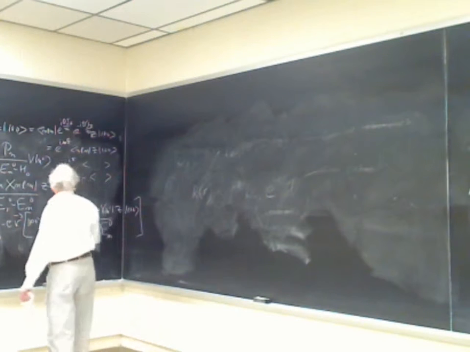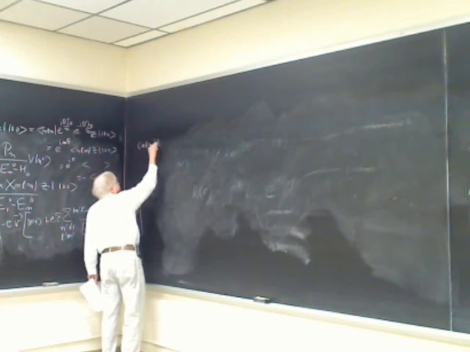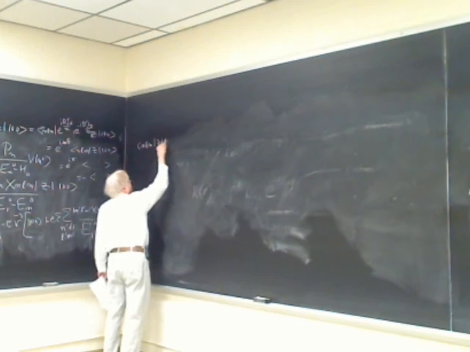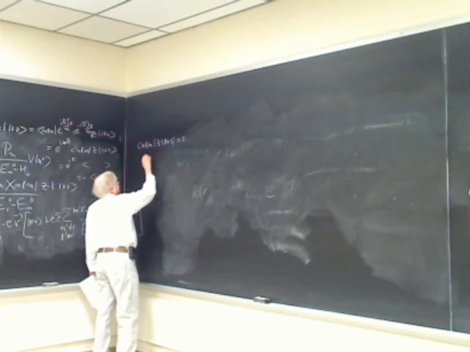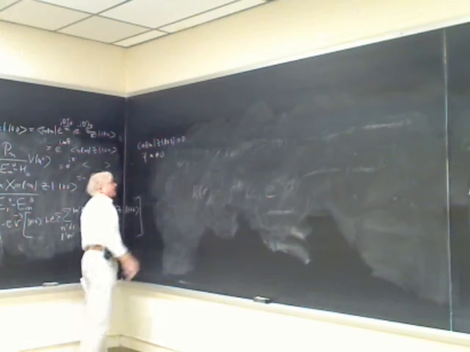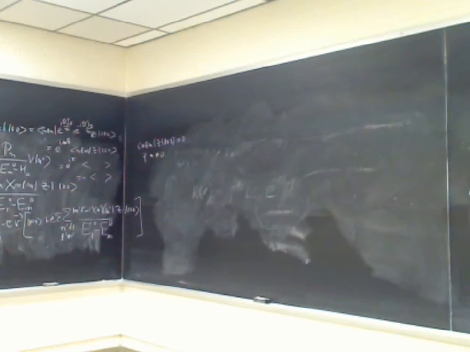So <nlm| z |100> equals 0 for m not equal to 0. There are other ways of seeing it. In the notes you have a simpler description, but I think it's better to think of these more fundamental ways of looking at things.